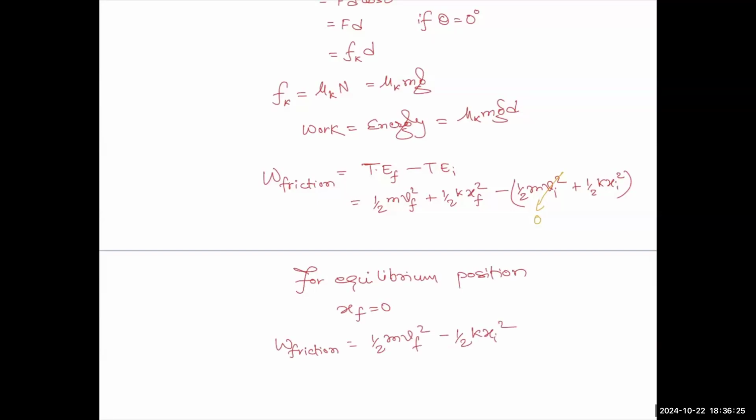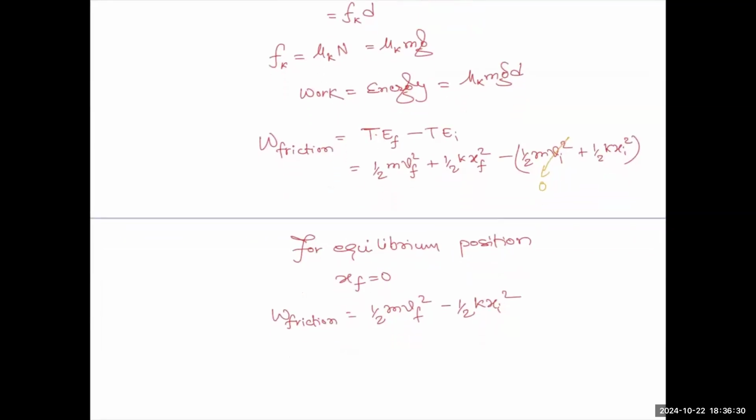Work due to friction is always opposite, so it is negative because it's the energy lost. So it is minus mu k m g times the displacement, which is xi. Make sense? Are you guys following so far?